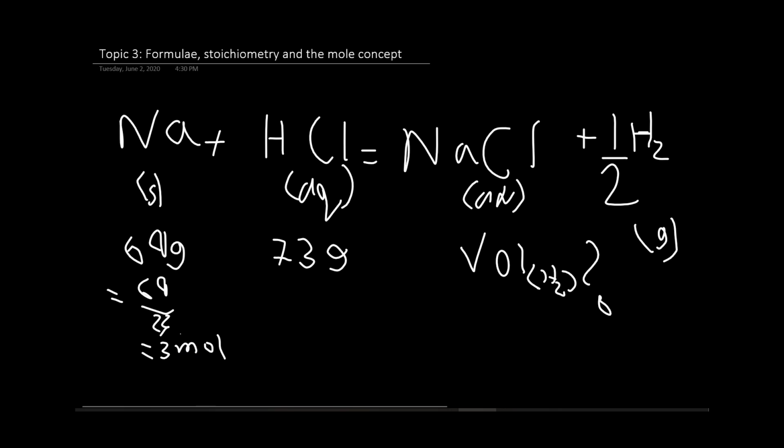So you've been provided with 3 mole sodium, right? Now let's convert this 73 gram of HCl to its mole. So 73 mass by Mr. So 73 by Mr, which is 1 plus 35.5, which should be 2.